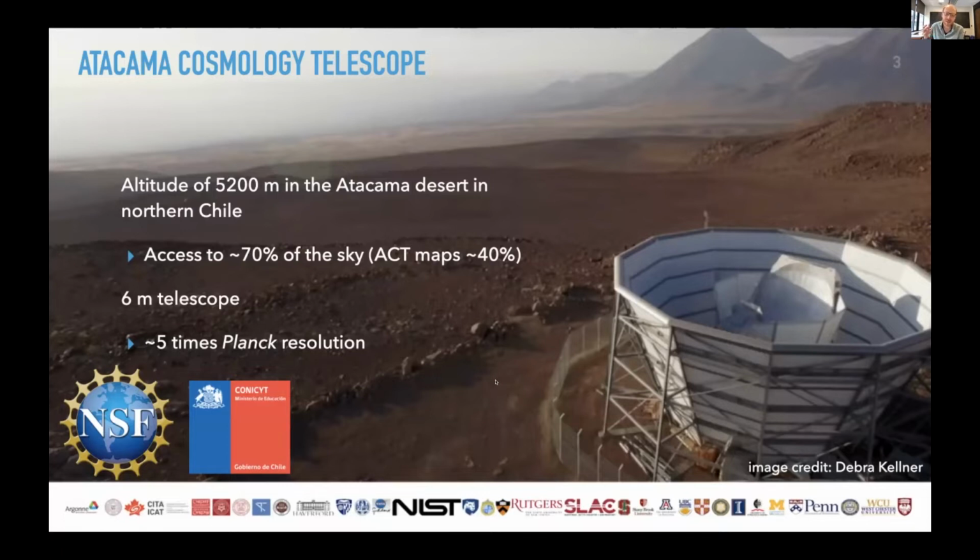Being in northern Chile gives you access to a lot of sky, and we make use of that. So ACT now maps about 40% of the sky. And ACT is a pretty large telescope for CMB science. It's 6 meters, which gives you, if you compare it to, for example, Planck, a lot more sensitivity at high L.